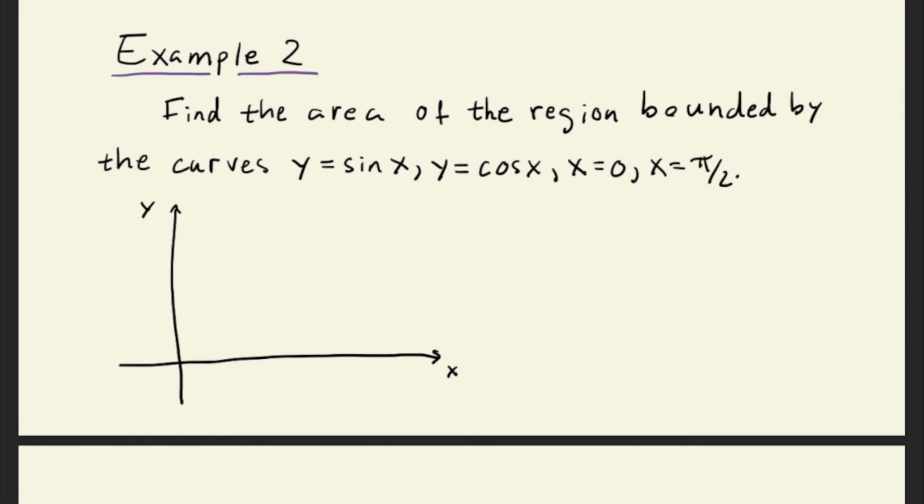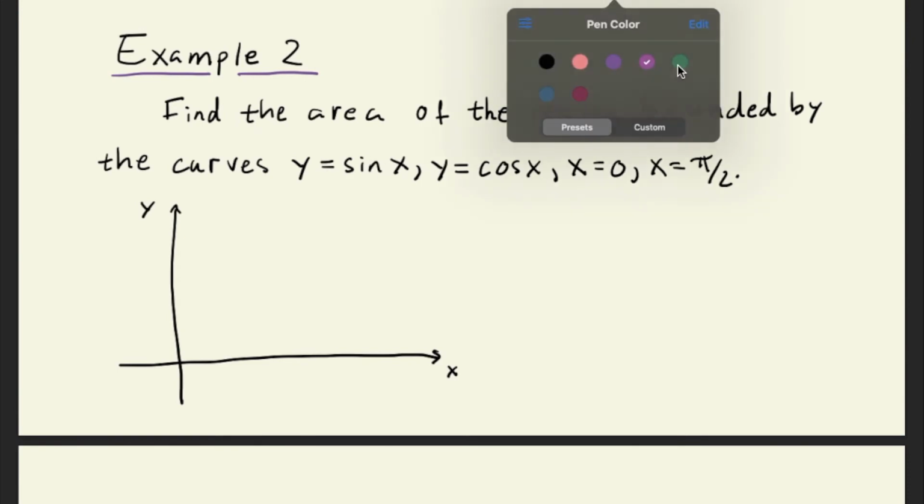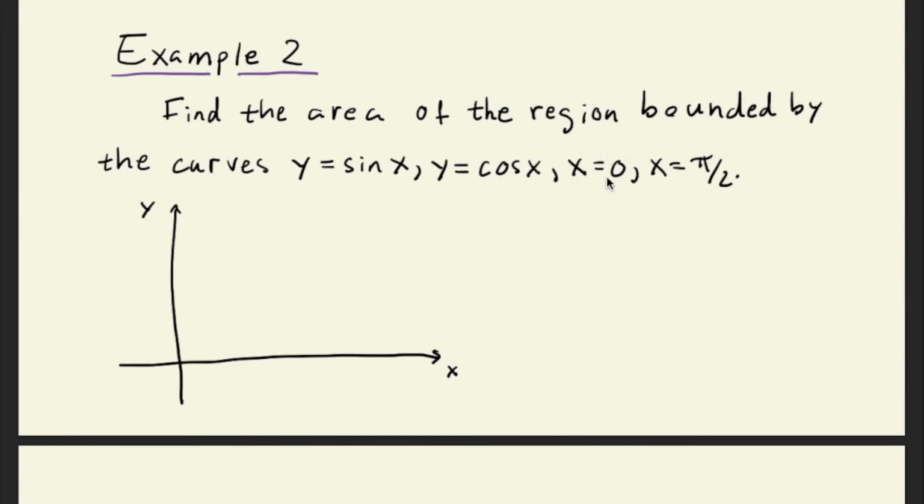So start with the easier ones. For example, x equals 0. This is the line of all points that have x coordinate equal to 0. These are all the points in the y-axis, right? So all the points in the y-axis have 0 x coordinate. So this is x equals 0 right here.